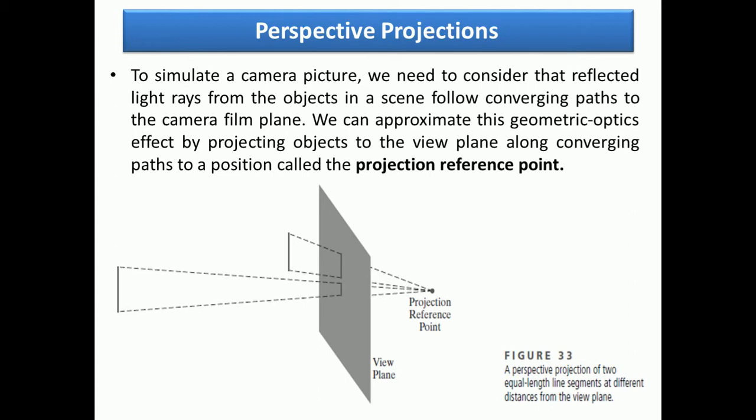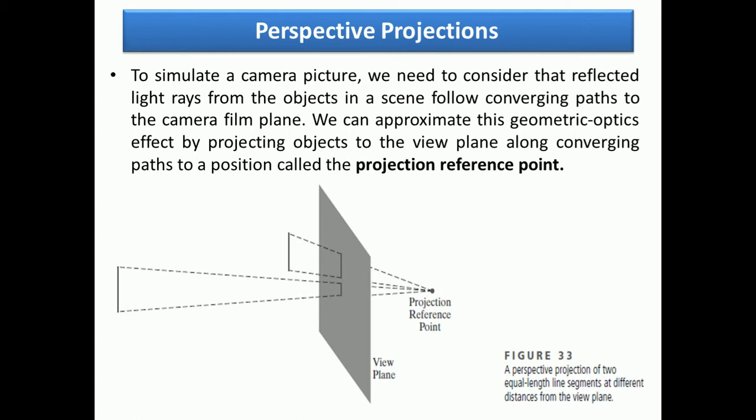We can approximate this geometric optics effect by projecting objects to the view plane along the converging path to a position which is known as the projection reference point, or the center of projection. So this is very important, that is the projection reference point.